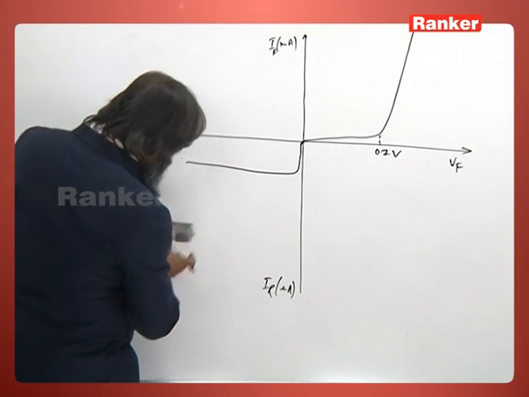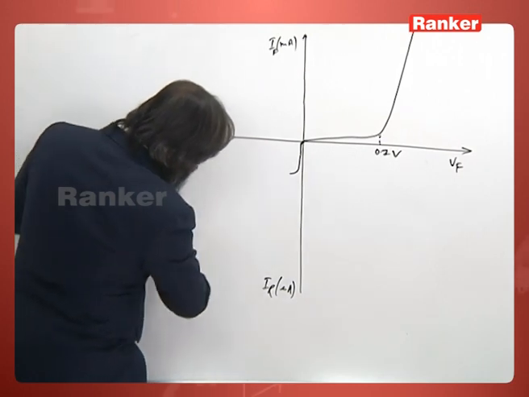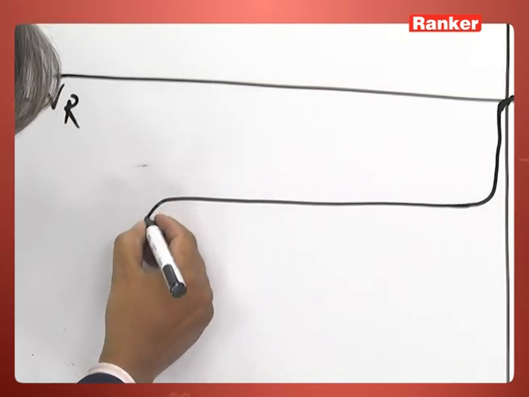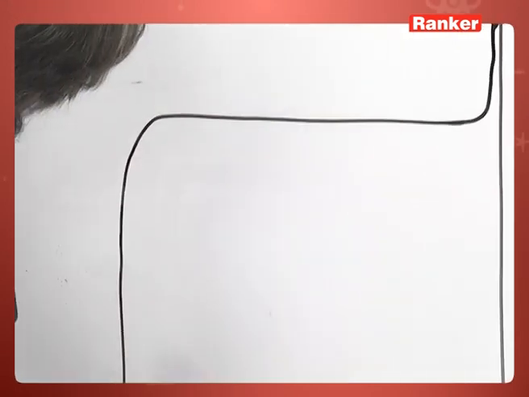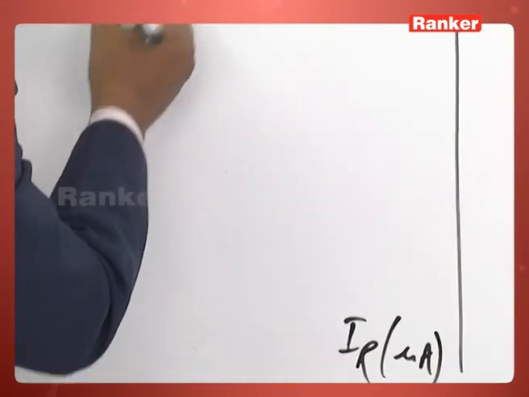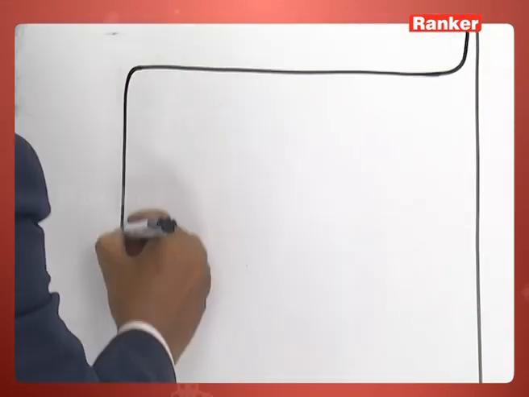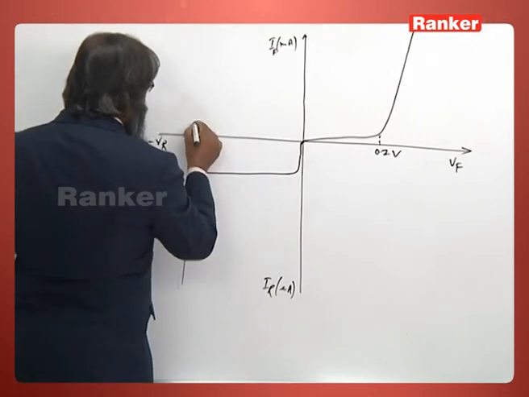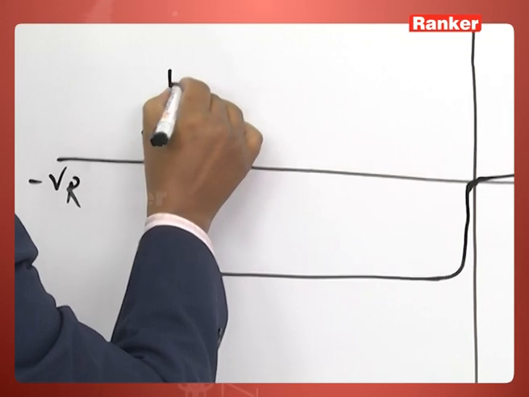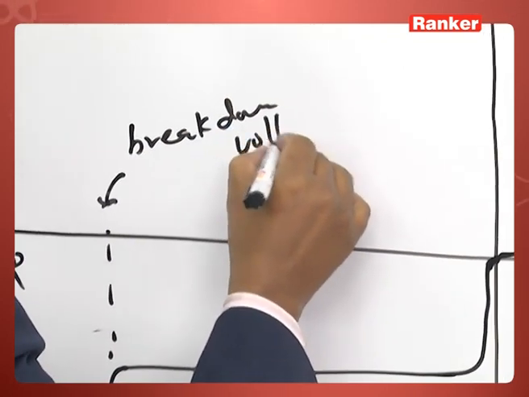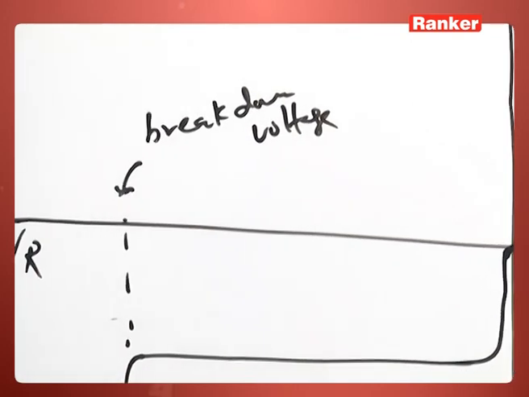You see the current is not increasing, it is in saturation, something like this, and then it goes abruptly. The voltage corresponding to this sudden rise is called the breakdown voltage. This is under reverse bias.